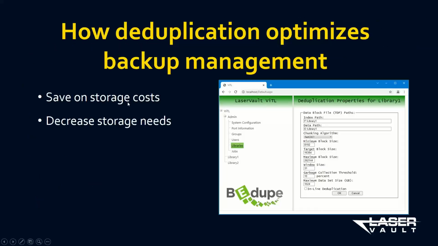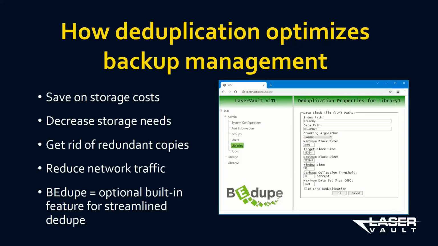So data deduplication, number one, saves on storage costs. Compared to, say, Z compression or what have you, we're talking about anywhere from 10-to-1 compression ratios all the way up to 40-to-1 compression ratio, depending on the amount of changed data that you're dealing with during your backup on your IBM system.